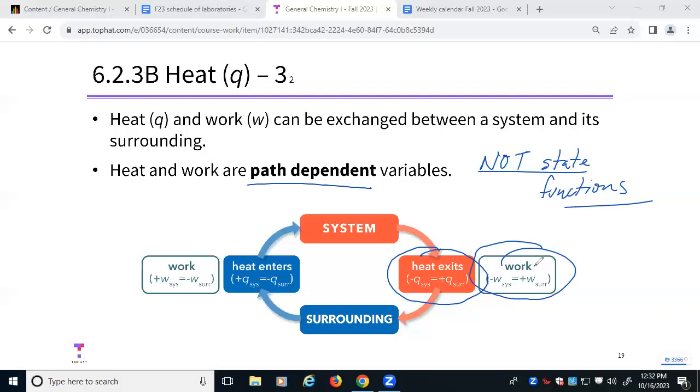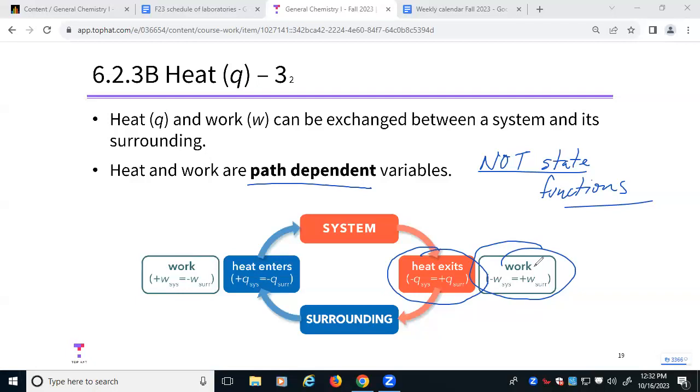Not a drop more, not a drop less. If I were doing heat, exchanges are even and opposite. Any heat that is exchanged into the system had to have come from the surroundings, and vice versa.